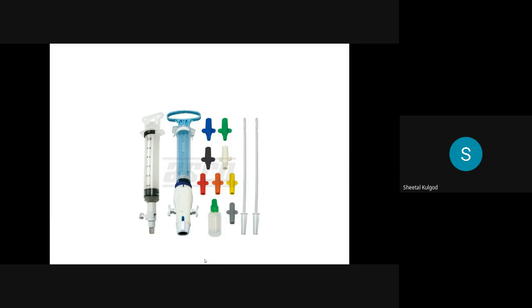So you can see here, this is actually the Karman's syringe, and the cannula will be usually the same, just with one valve, and it's smaller than the manual vacuum aspiration. This one has two valves here. Clear?